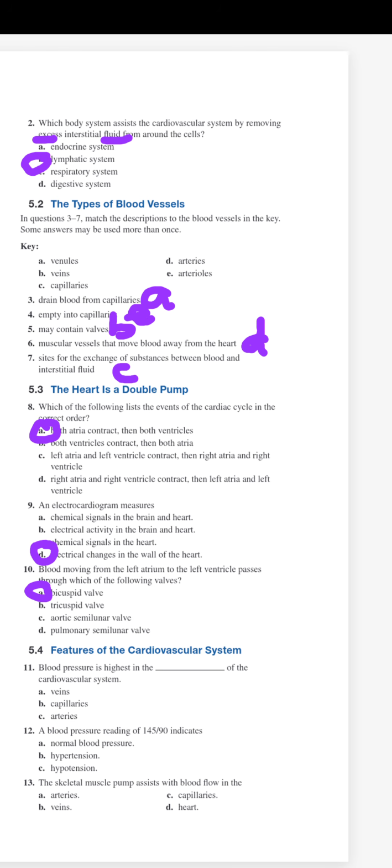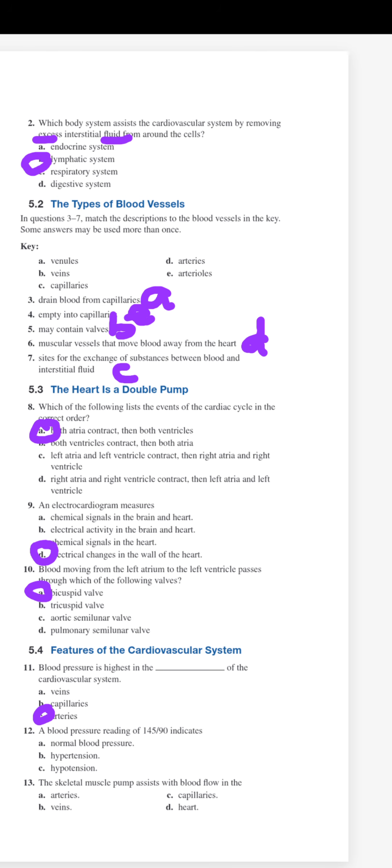Number 12, let me just circle this one. A blood pressure reading of 145/90 indicates. In most cases, the most agreed upon number for a normal blood pressure is 120/90 or 120/80. For some people it's 130/80, so it's just about that range.